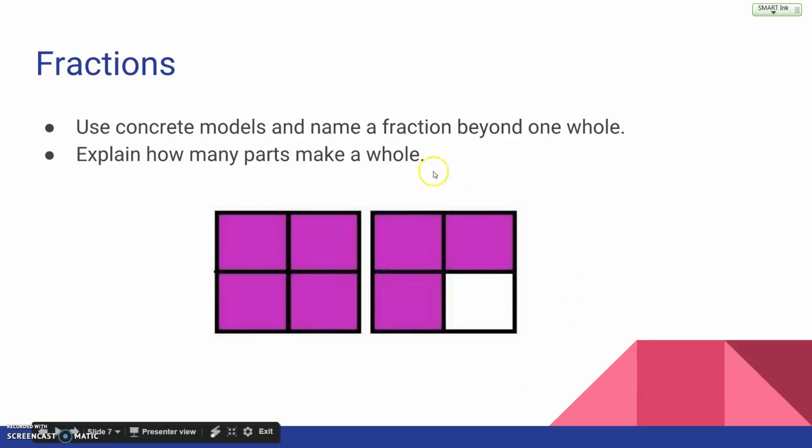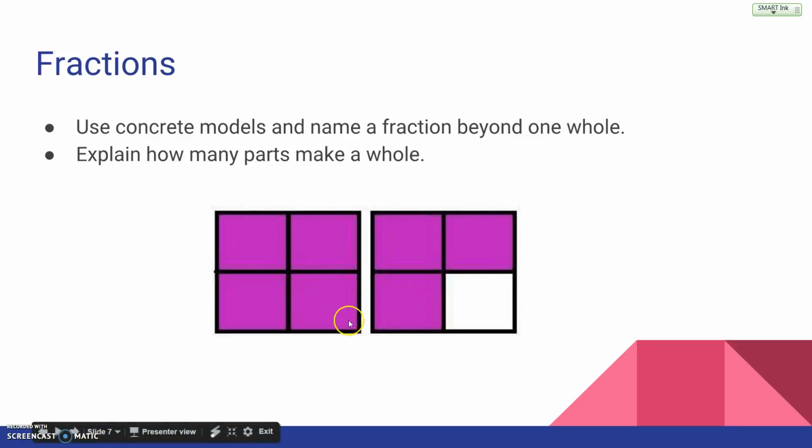Well, when a fraction goes beyond 1, and we tell them that the denominator is how many pieces there are all together, they may be inclined to count 1, 2, 3, 4, 5, 6, 7, 8, and say this is eighths. But we have to remind them that that bottom number, or that denominator, names how many pieces make one whole.